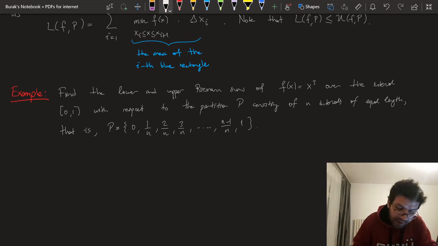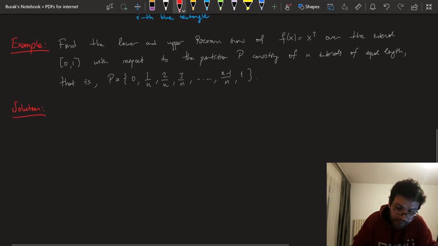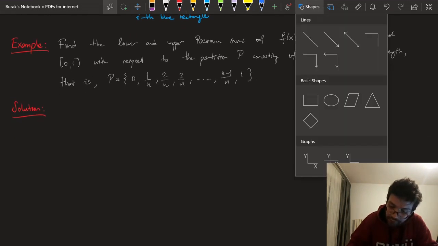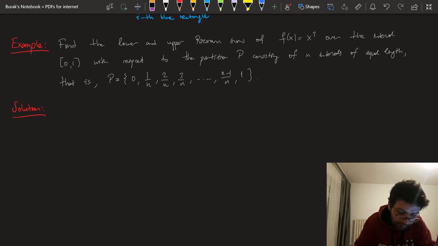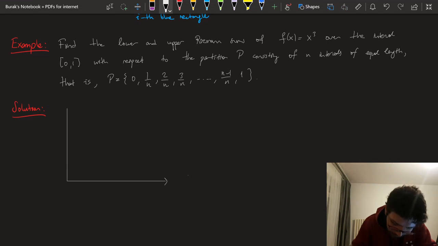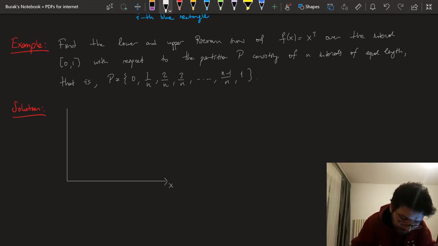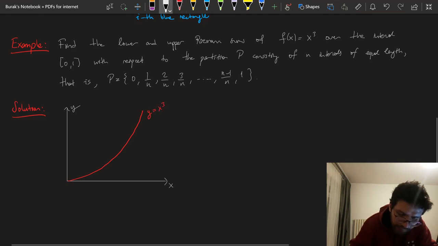So let's find the upper and lower Riemann sums for this. Let me draw a picture, even though this is actually not necessary. This is how y equals x cubed looks over the interval 0, 1.